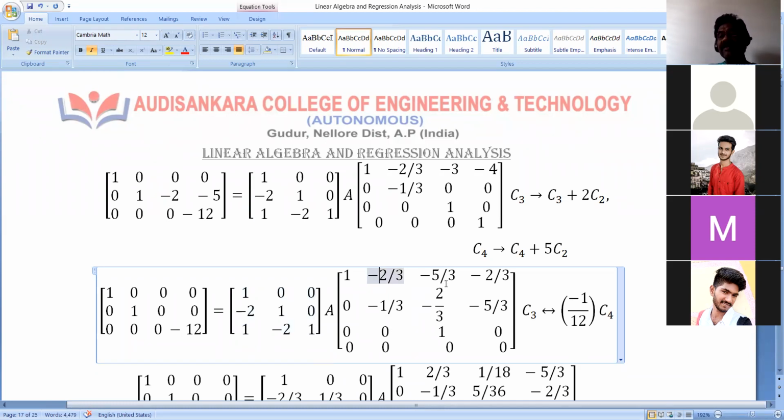In place of C3, C3 plus 2C2, that is nothing but minus 3 plus 2 into minus 2 by 3, that is minus 3 plus minus 4 by 3.